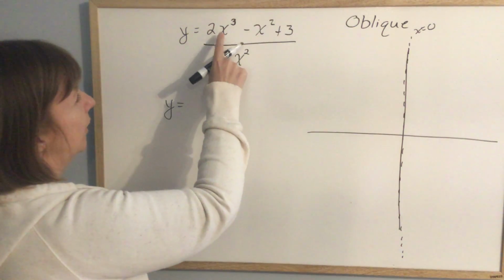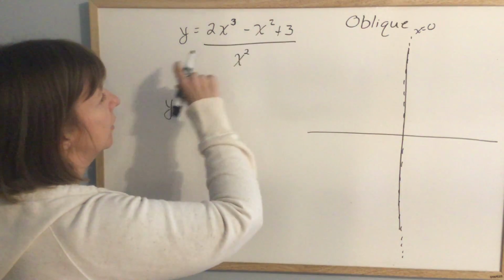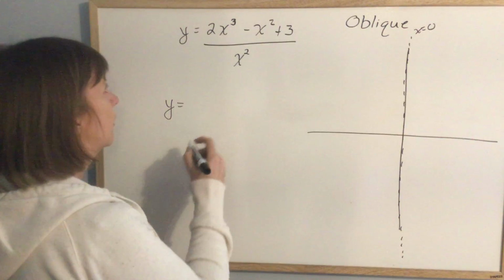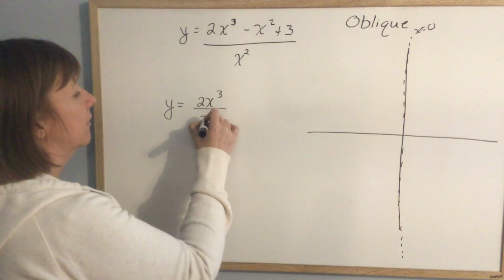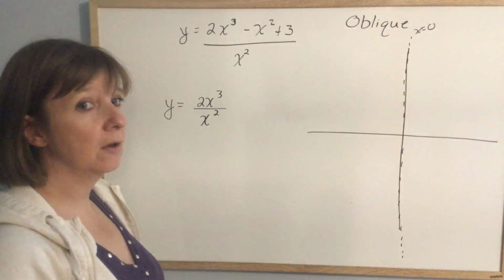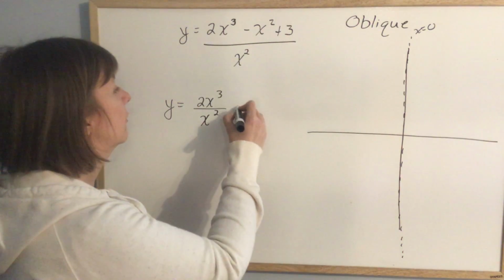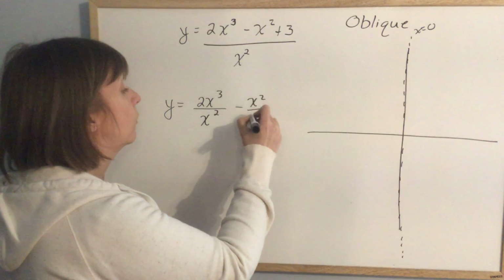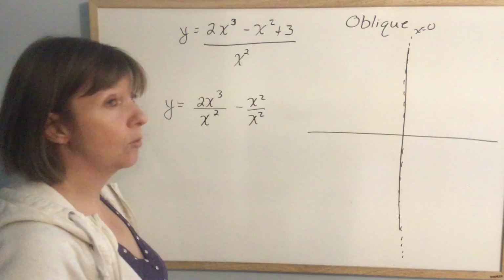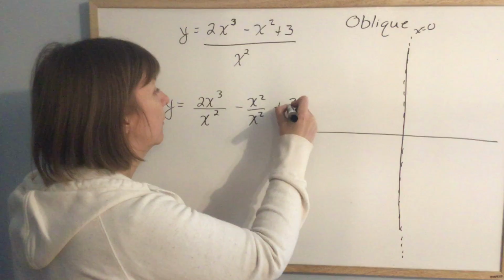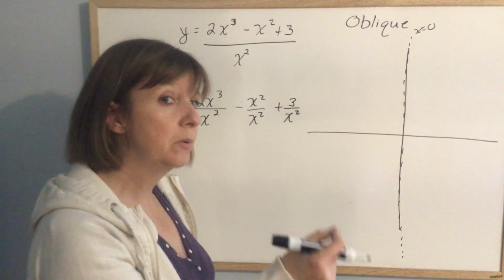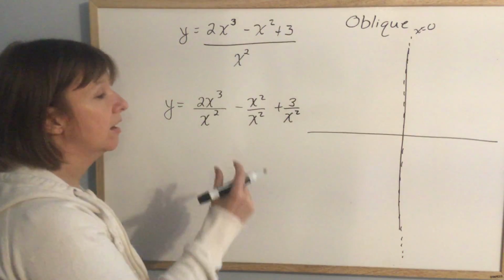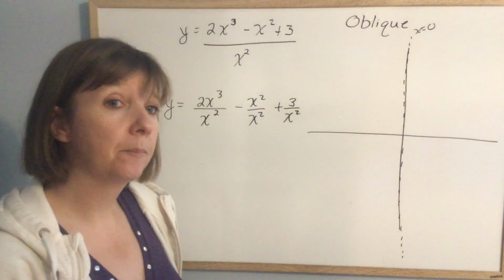If 2x cubed minus x squared plus 3 is all divided by x squared, that means I could write it this way. 2x cubed is divided by x squared. The x squared is divided by x squared. And the 3 is divided by x squared. Each piece has the x squared as a denominator.